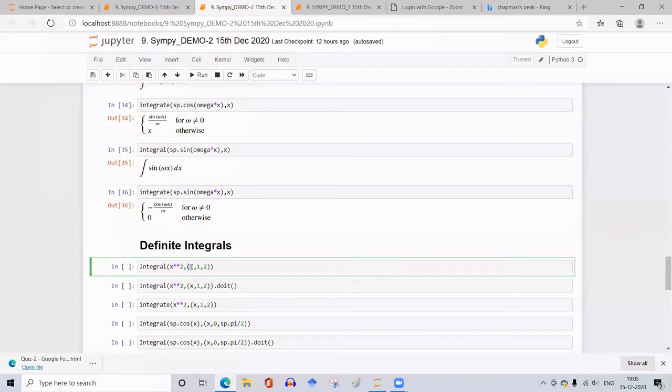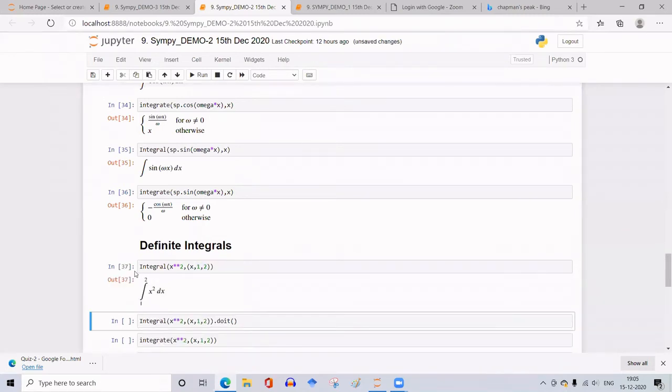Then open another parenthesis and give the variable with respect to which you want to integrate, and then the limits in the order lower first and the upper next. If I run this, I must get the symbolic representation: integral 1 to 2 x square dx.